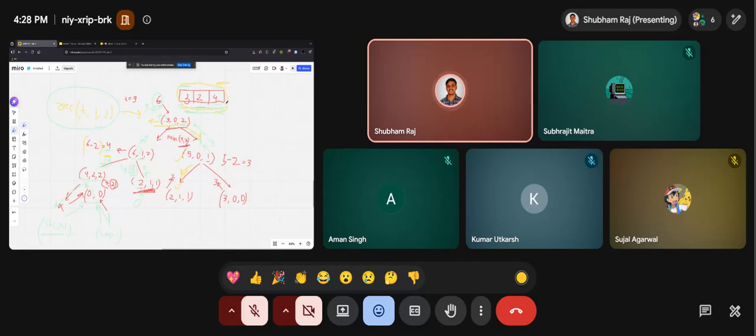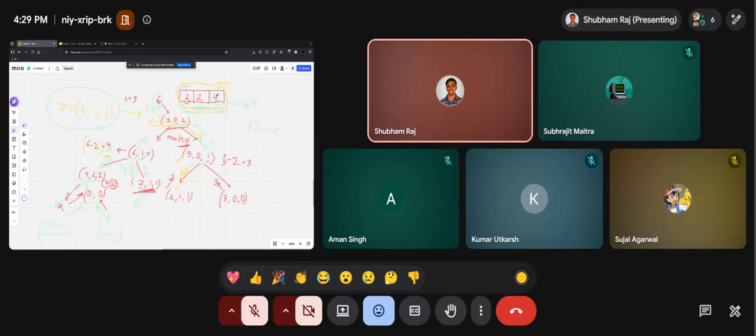If we try to find it by observation, player 1 will pick 4 first, so its score becomes 4. Then player 2 will pick either 2 or 3, so he will be going with 3 because 3 is greater. So player 2 will have 3 score.